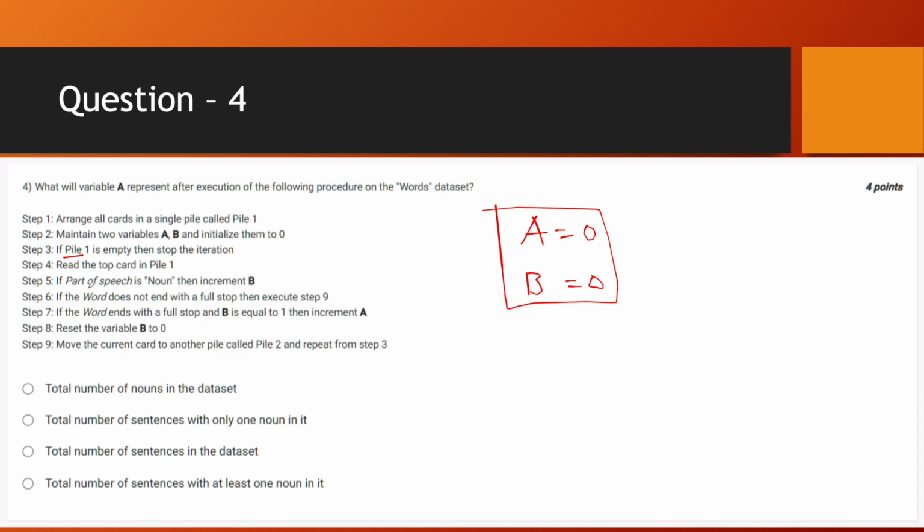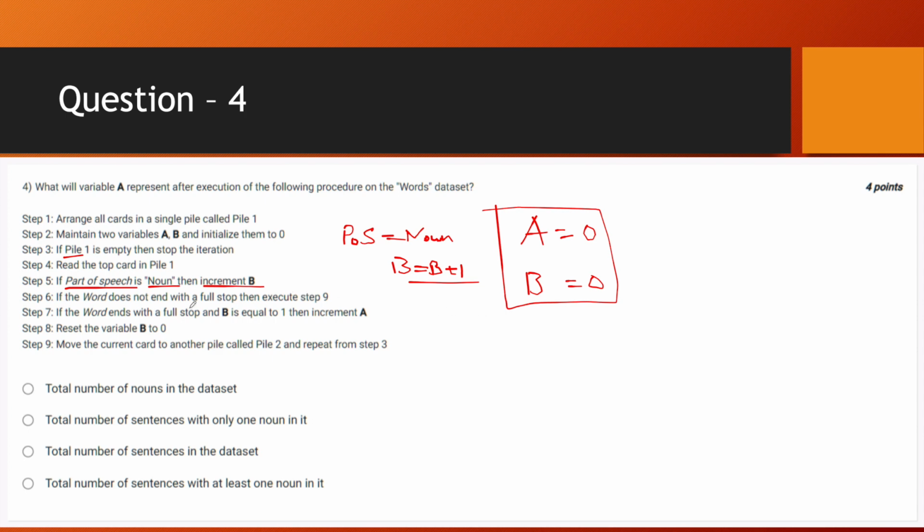Step 5 states that if the part of speech is a noun, then increment B. So you have a field known as part of speech in your words data set. If that part of speech is a noun, then you have to increment the value of B by 1.